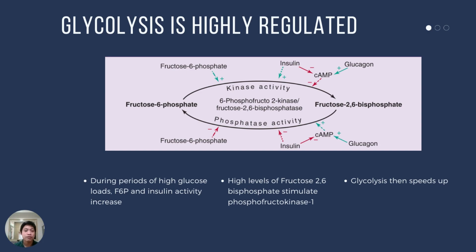The product of PFK2, which is fructose 2,6-bisphosphate, will then produce positive regulation or stimulation of PFK1, which is the committed enzyme or step in glycolysis, which causes glycolysis to speed up. Therefore, in summary, high glucose load, speeding up of glycolysis.